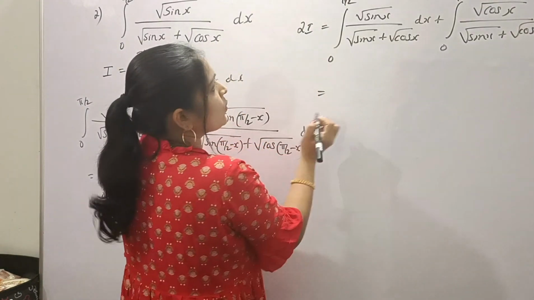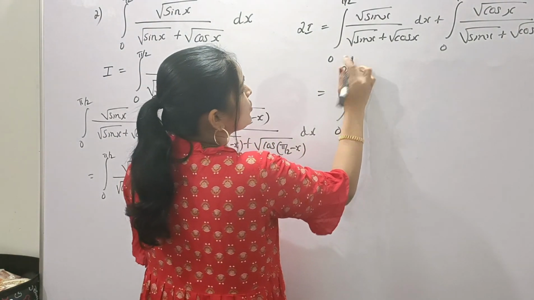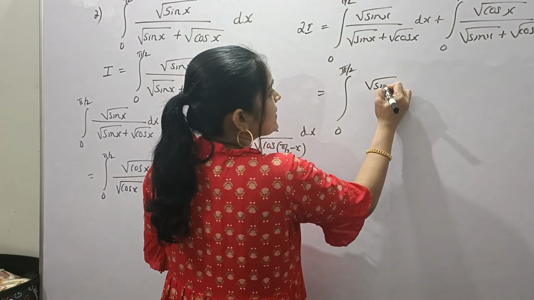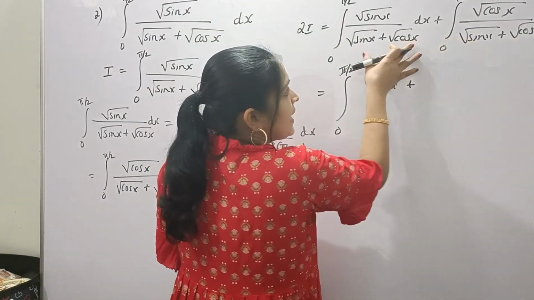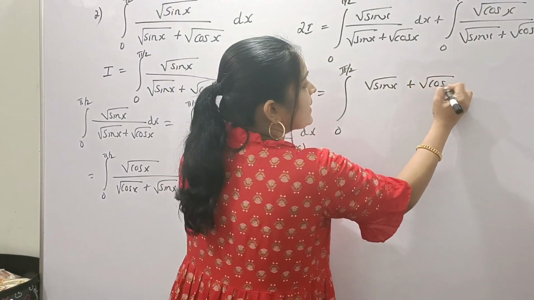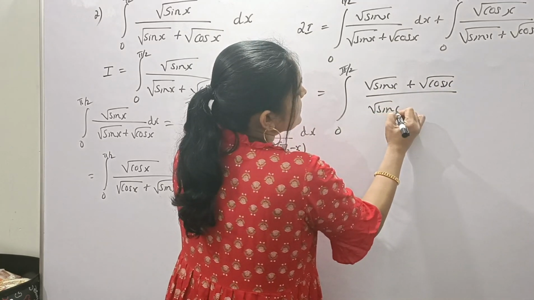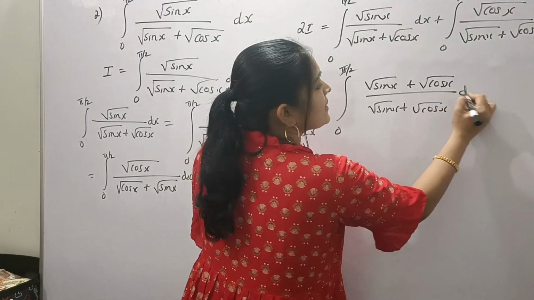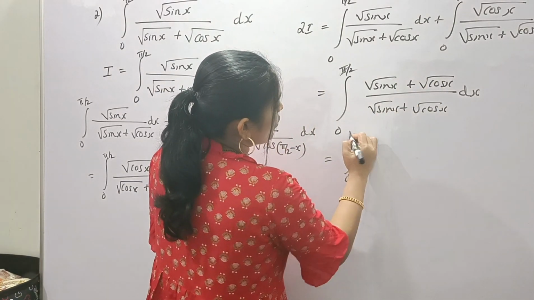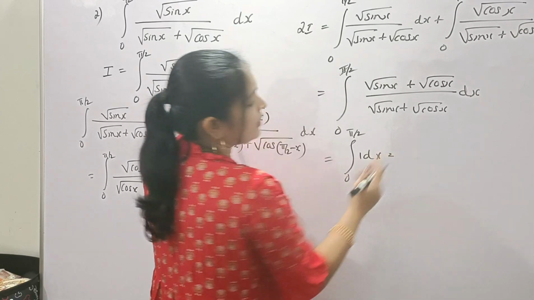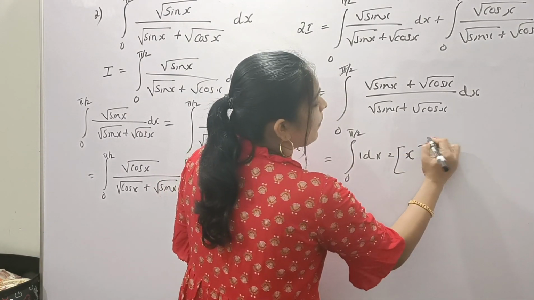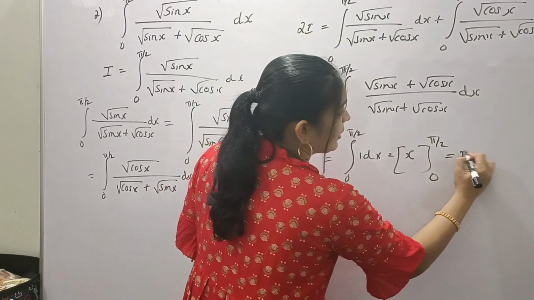So 2I is equal to integral 0 to pi by 2, denominators are same, we can add directly root sin x plus root cos x divided by root sin x plus root cos x dx, right? So what is this one? 1, right? Okay, so integral 0 to pi by 2 1 dx, integral of 1 is x. Apply the limits 0 to pi by 2, that is equal to pi by 2.